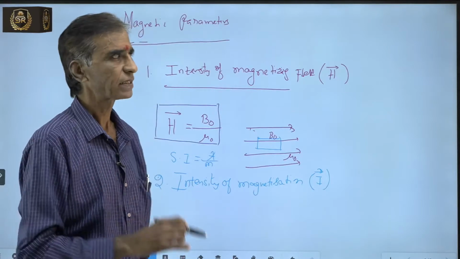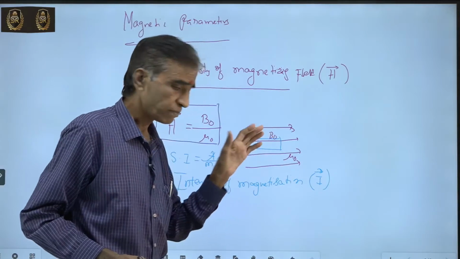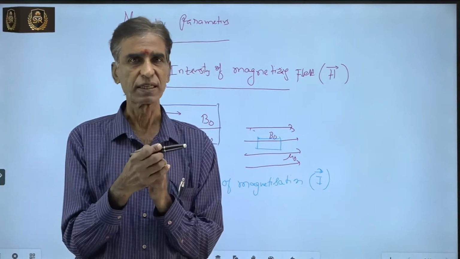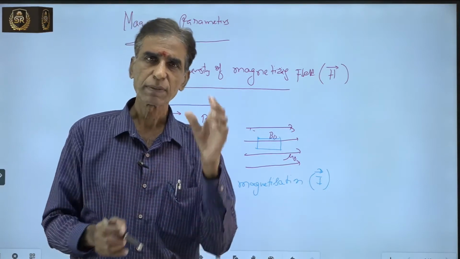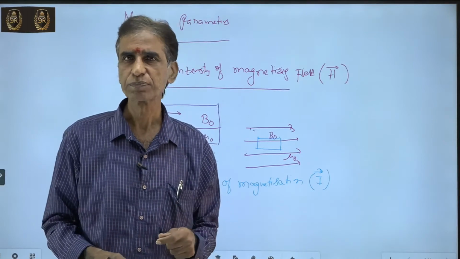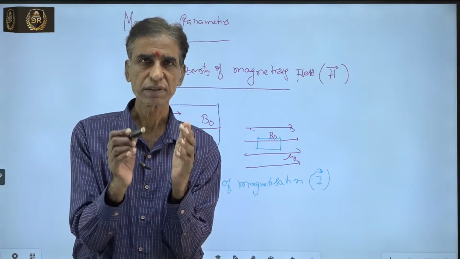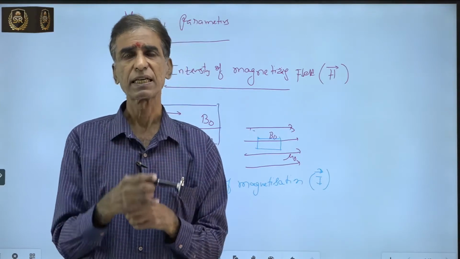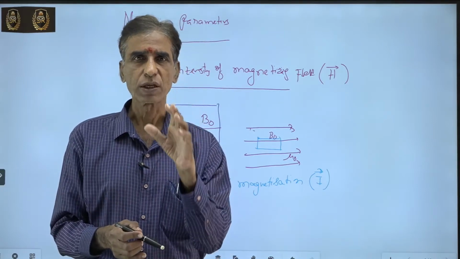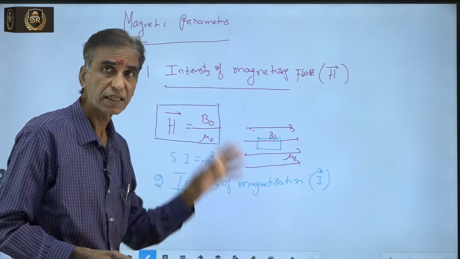What is this I vector? Once the magnetic material is kept in an external magnetic field, it will become a magnet, whether a strong magnet or a weak magnet. If we take the net magnetic moment of the material to the volume of the material, that is the magnetic moment per unit volume, which we call the intensity of magnetization.